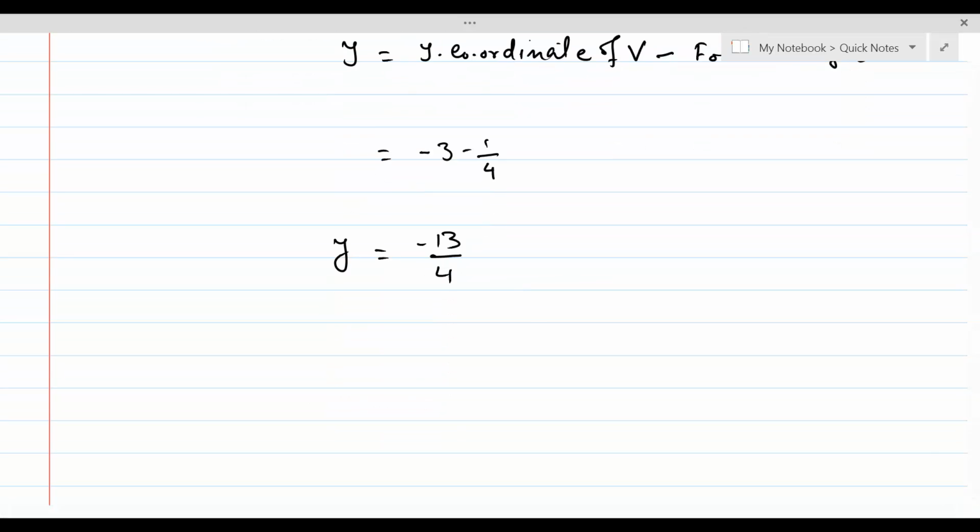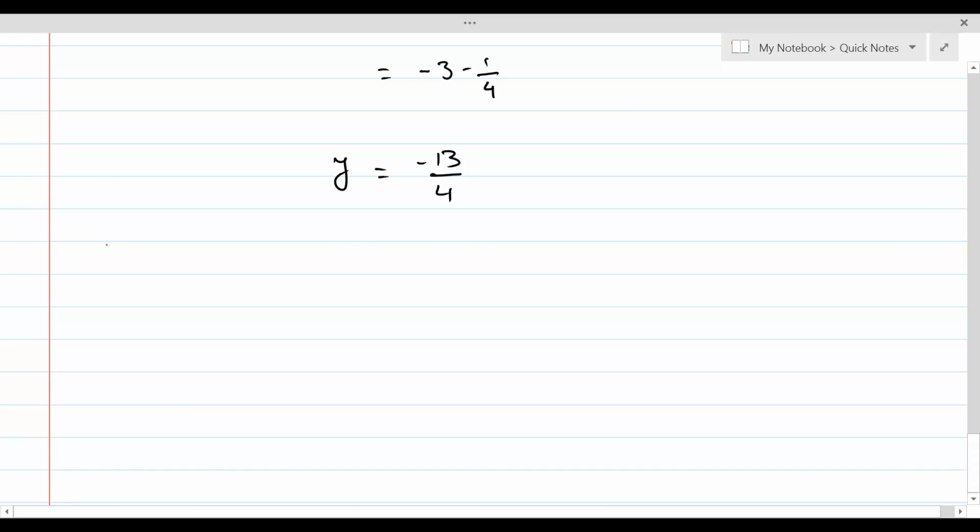And now if we also want to find the x-intercepts, put f of x equal to 0.